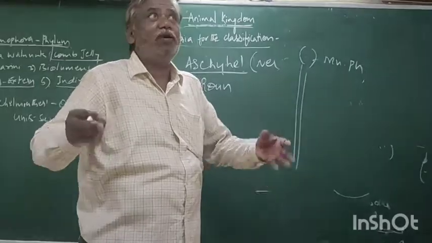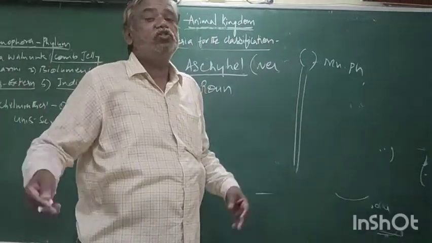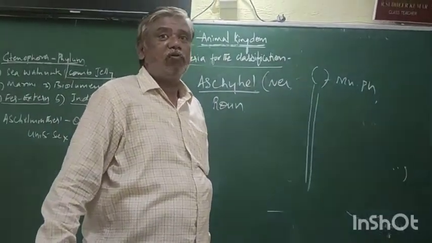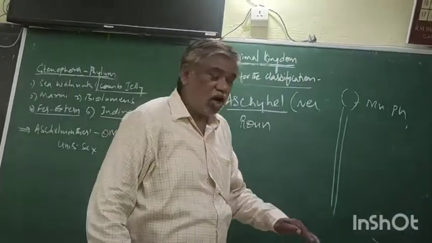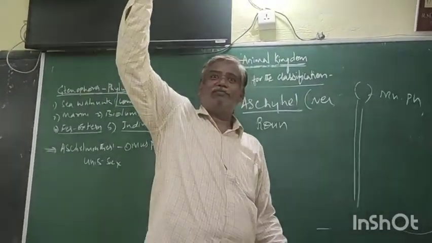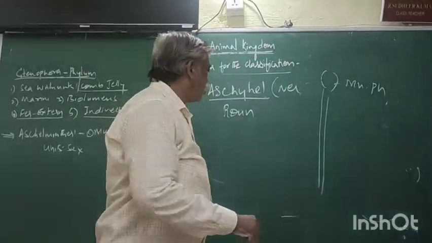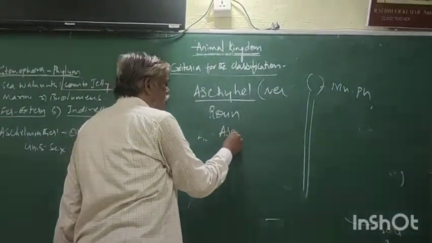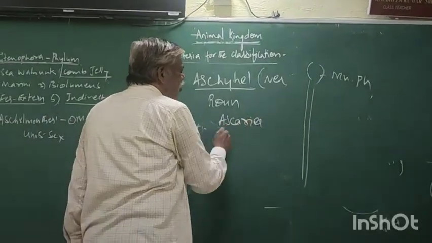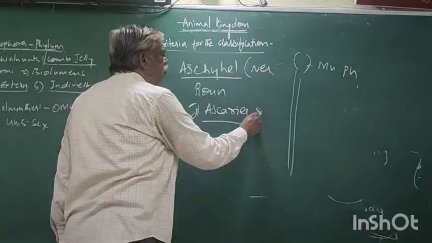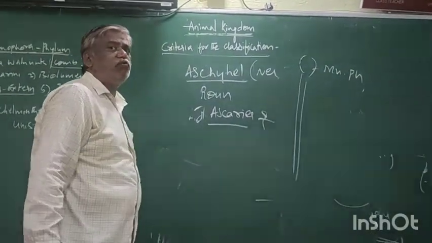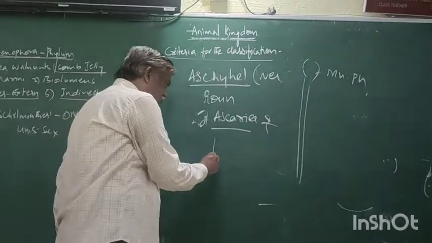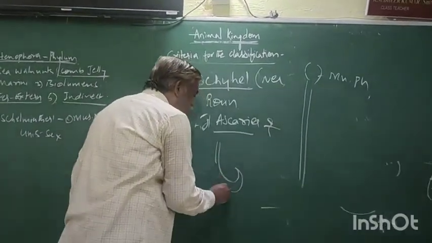Identification of male and female by the external character is called sexual dimorphism. Generally males are short, females are long. Like, for example, Ascaris. How can you identify the male and female? The male is short, the posterior is curved.